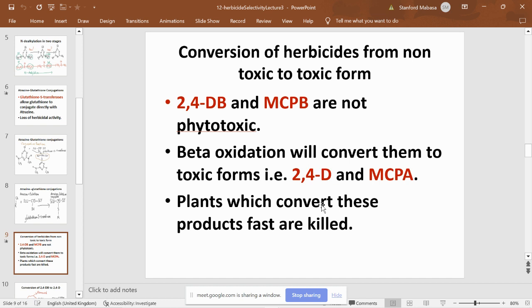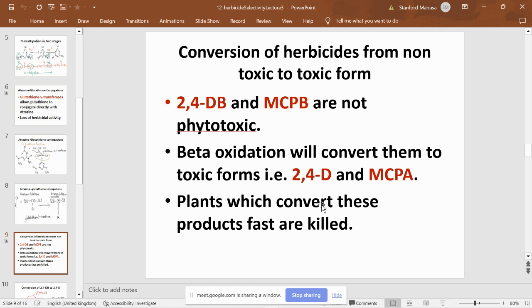We want to look at the conversion of some herbicides from non-toxic to toxic form. For example, we can have herbicides which are not toxic in their original state, like 2,4-DB and MCPB. These are not phytotoxic. But as soon as they enter the plant, they are converted to 2,4-D and MCPA respectively via what is known as beta oxidation.